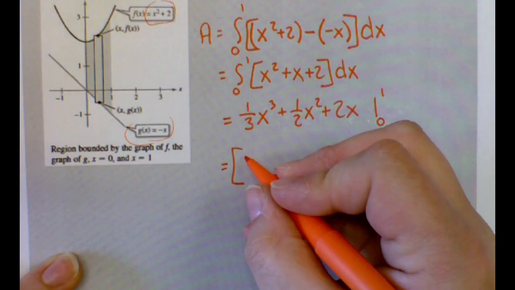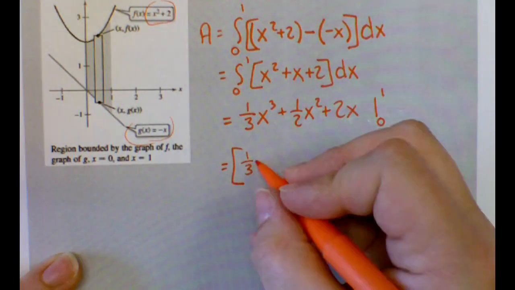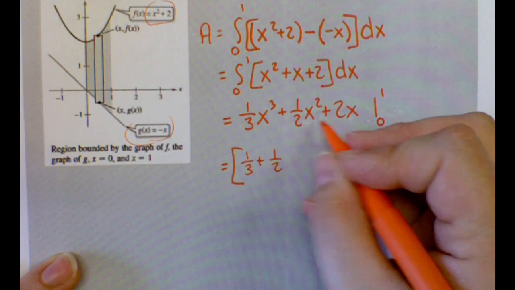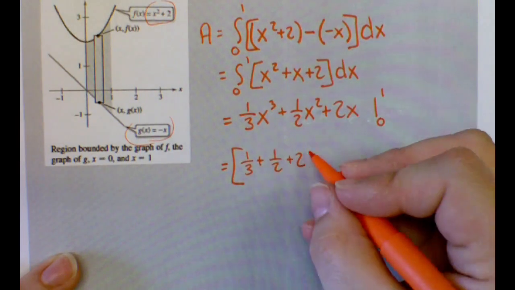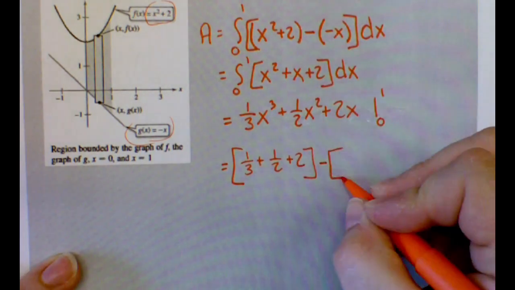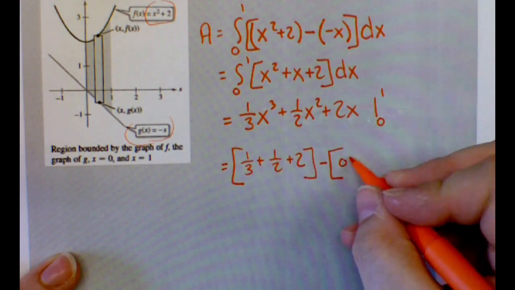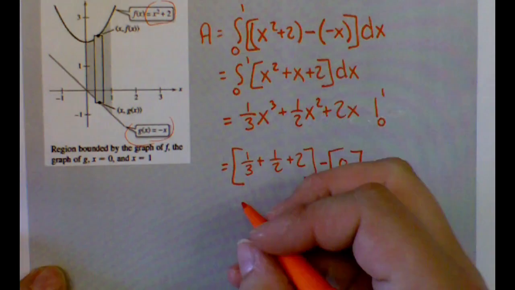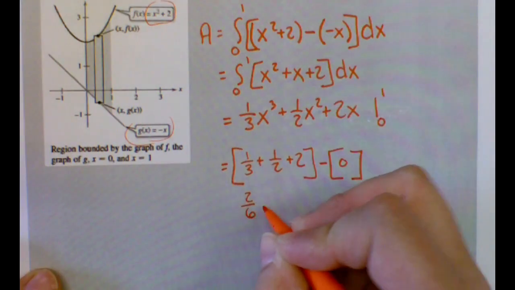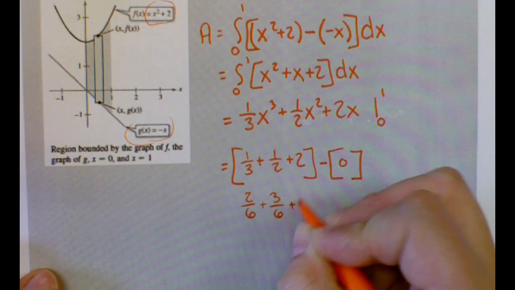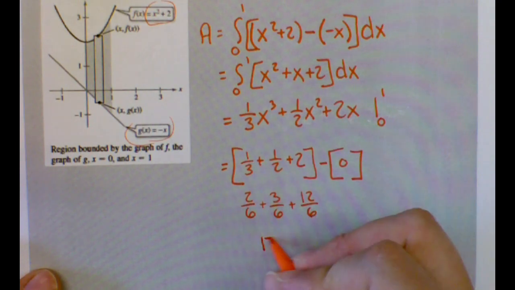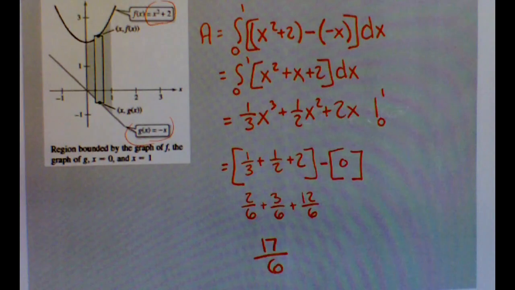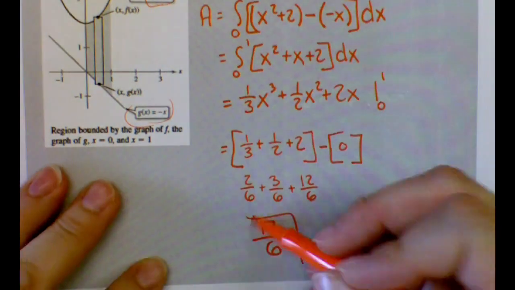So I get 1/3 times 1 cubed plus 1/2 times 1 squared plus 2 times 1, minus, if I plug in 0, I'm going to get 0. So my answer is going to be 1/3 plus 1/2 plus 2. Let's get common denominators, right? 2/6 plus 3/6 plus 12/6 is 17/6. There's our area, 17/6.